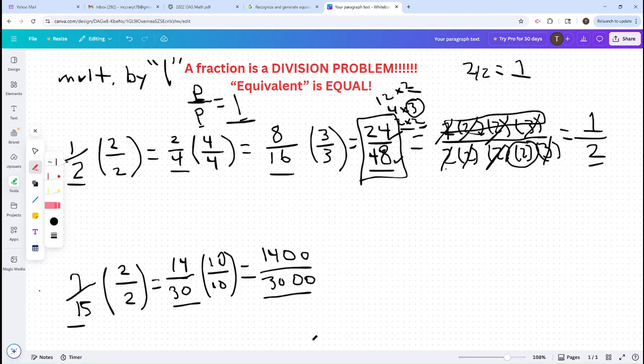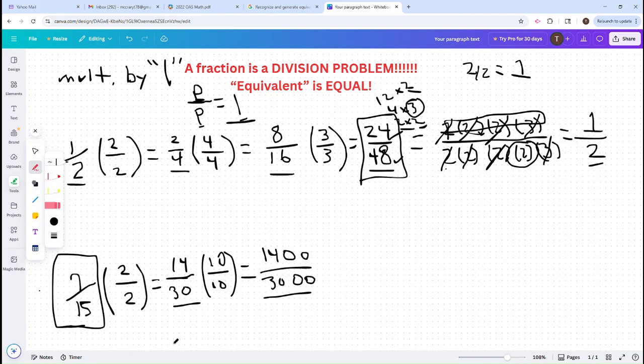You want to multiply this times 38 over 38? Well, good luck with that, and you can do it, but the answer is still equivalent to 7 over 15. And of course, like this 1/2 fraction, if we were to turn this into the multiples of 1400 and 3000, it would bust all the way down to 7 over 15.